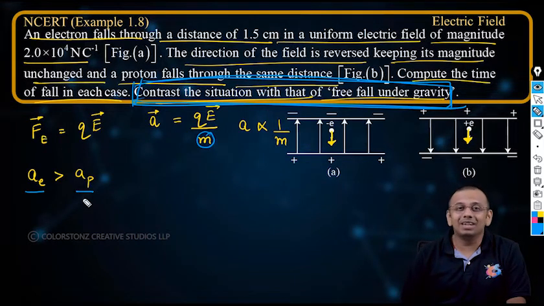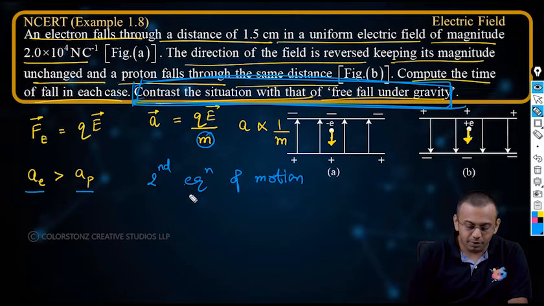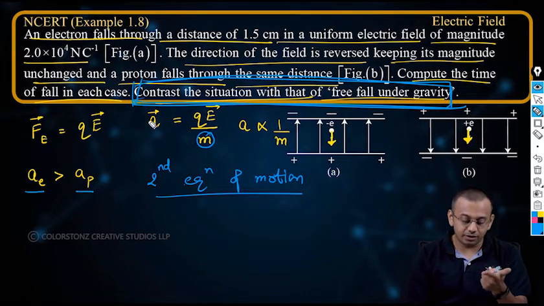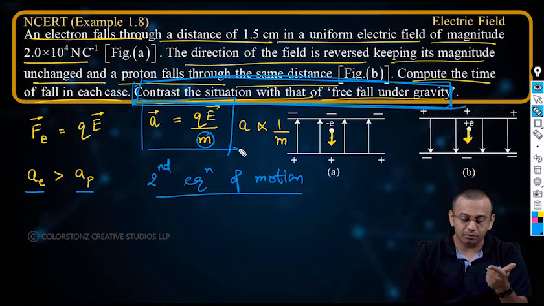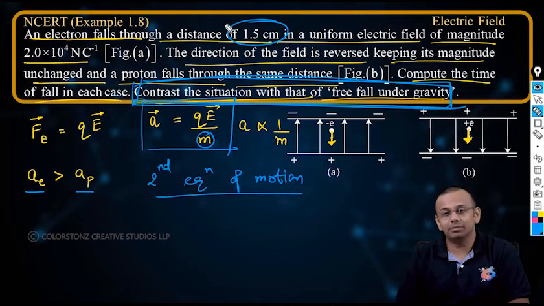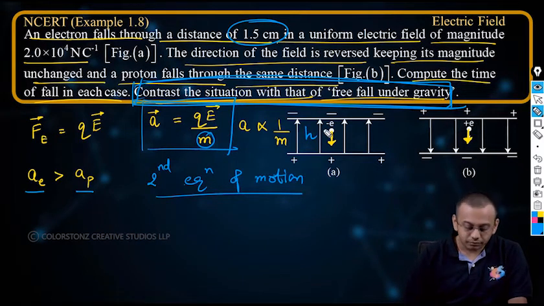To calculate the time, we just need to use the second equation of motion. Very simple. Because we know the initial velocity is 0, we have the acceleration as calculated by this formula, and we know the distance through which it is falling, 1.5 centimeters. Let me just call it some height h.